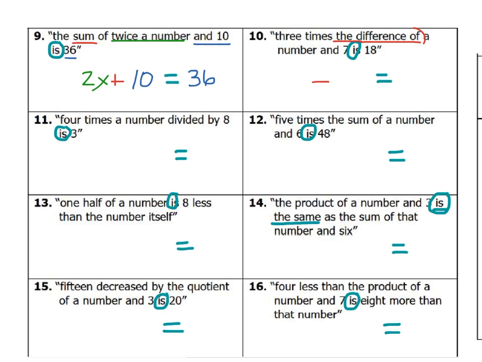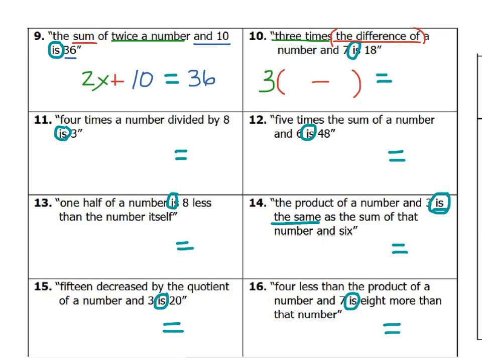The difference of is one of those parenthesis phrases, okay? So it's going to be tricky. Like, we're going to want to be careful when we see those types of phrases, okay? And then the 3 times here is telling me to put a 3 in front of the parentheses. Okay, 3 times the difference of.